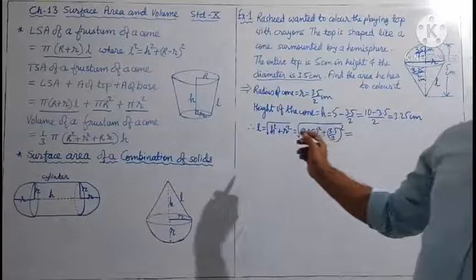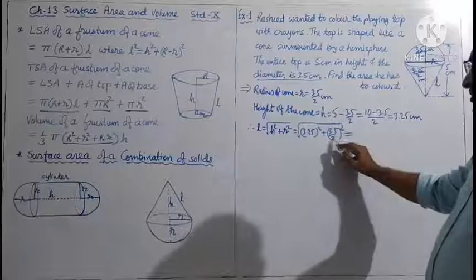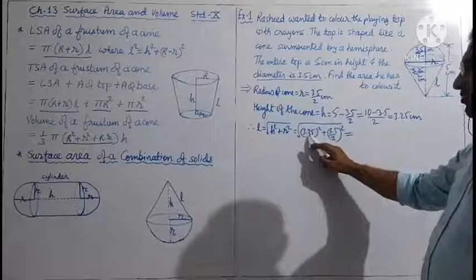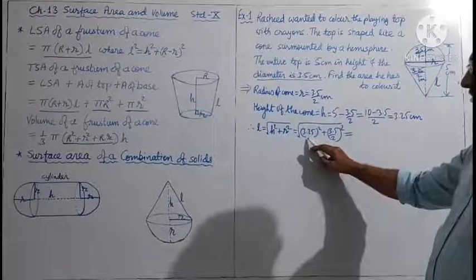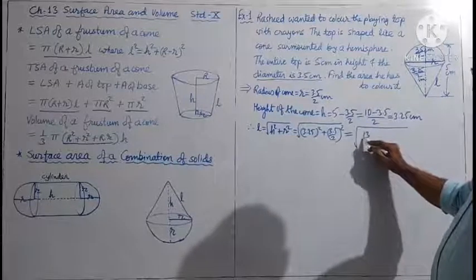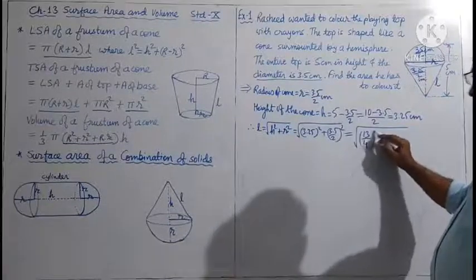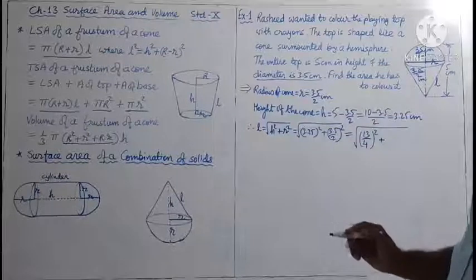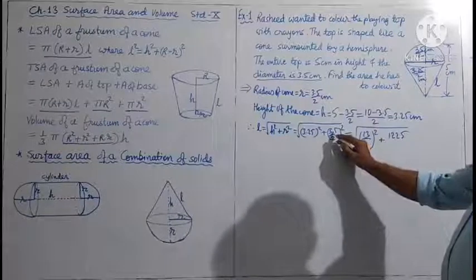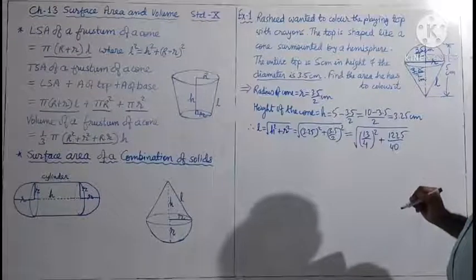So now when we go for 3.25 whole square, when we simplify 3.25, that is 325 divided by 100, when we cut off we will get 13 by 4 whole square, plus 3.5 means that is 35 square divided by 0.1 decimal place, so divided by 20 square, that is 400.